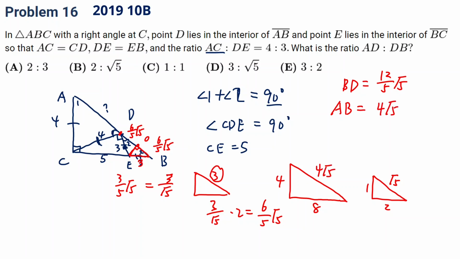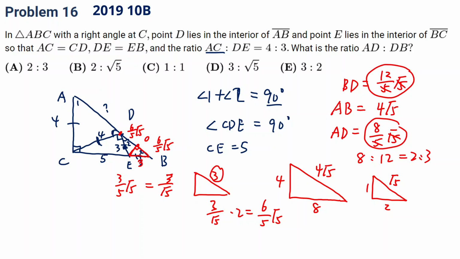So if we do the minus, AD will equal AB minus BD, which will be 8 over 5 root 5. So AD over BD, the ratio is 8 over 12. So this one over this one. Those can be cancelled. So 8 over 12, which is 2 over 3.